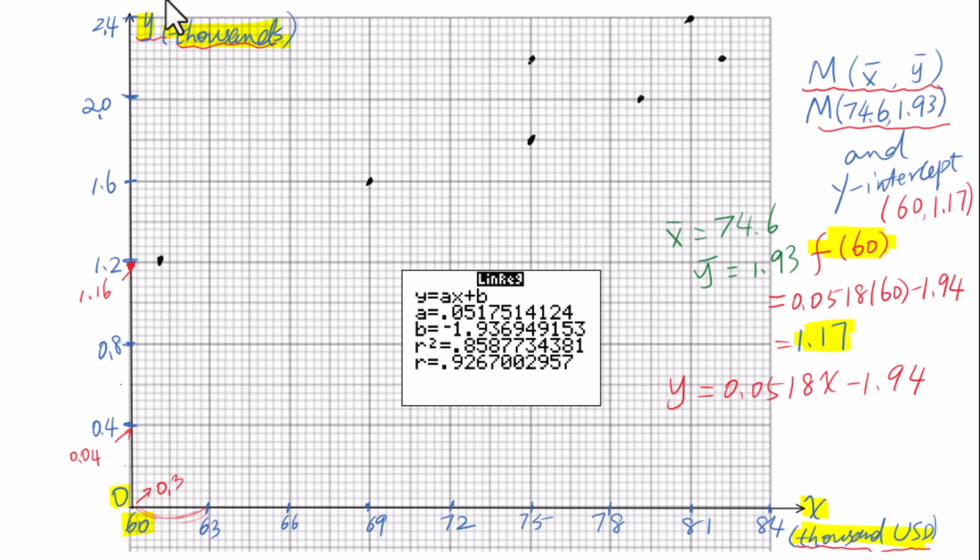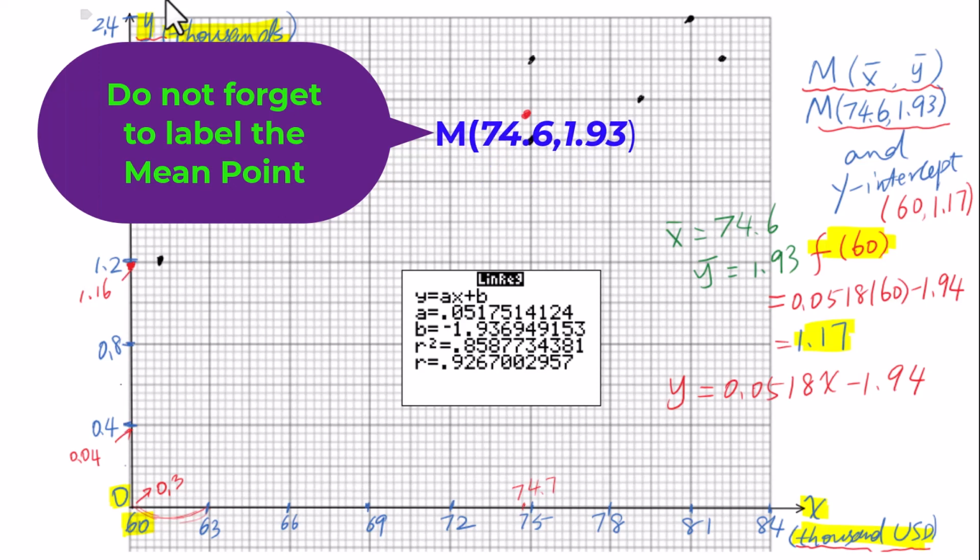Then for 74.6, the small unit is 0.3, so this part is 74.7. 74.6 is very close to this 75. This part is 1.96, because 2.0 minus 0.04 is 1.96. You can estimate over here.